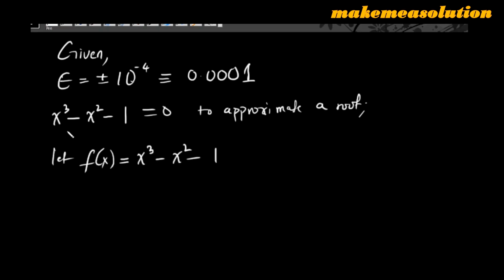So you're going to call f of x whatever is on the left hand side. Make sure that the right hand side of the equation is 0. Then f of x will be called whatever is on the left hand side.